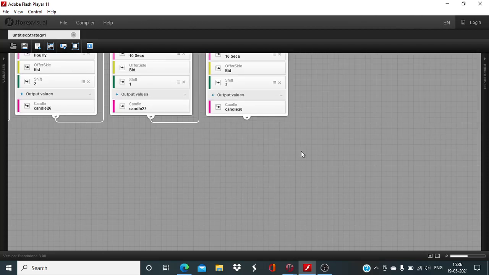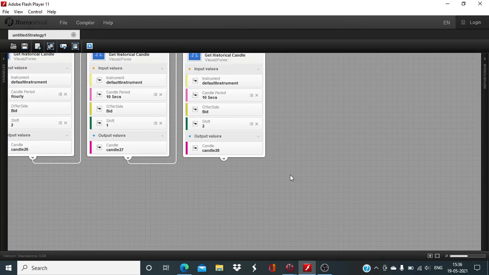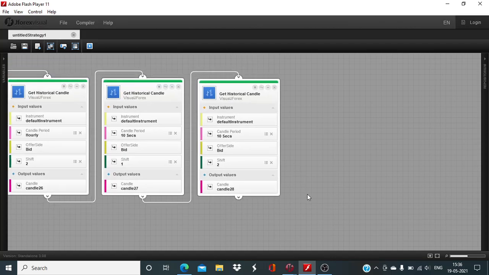And after that, I will bring in the calculation expression block to define the minimum difference between the last hour's opening and the closing value.